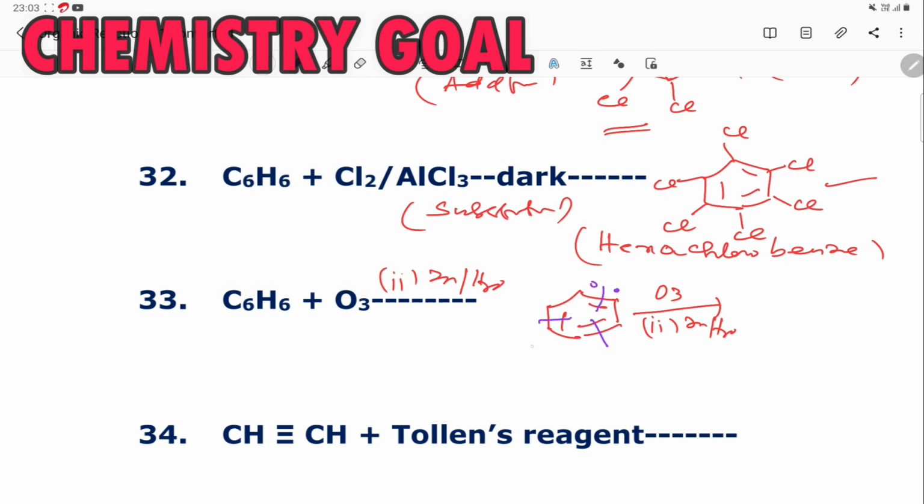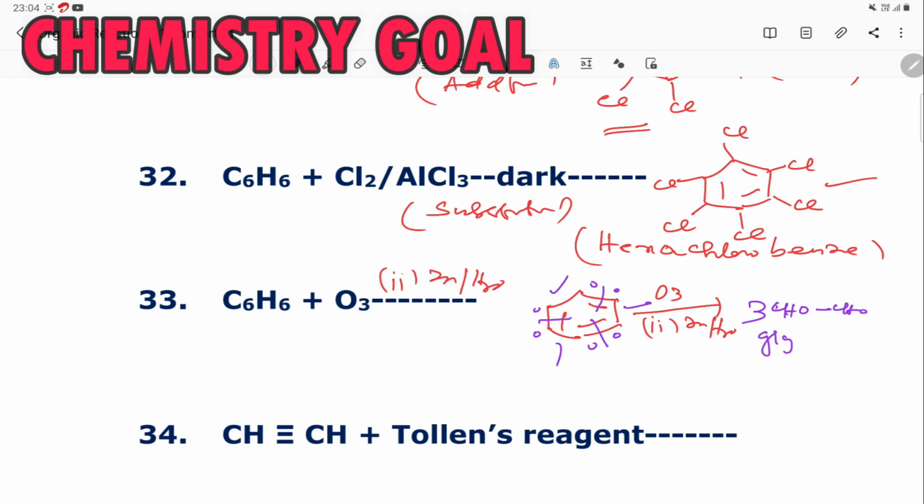Here O, then O, then O, with single bonds remaining between the CHO groups. So the product is 3 molecules of CHO-CHO, that is glyoxal.